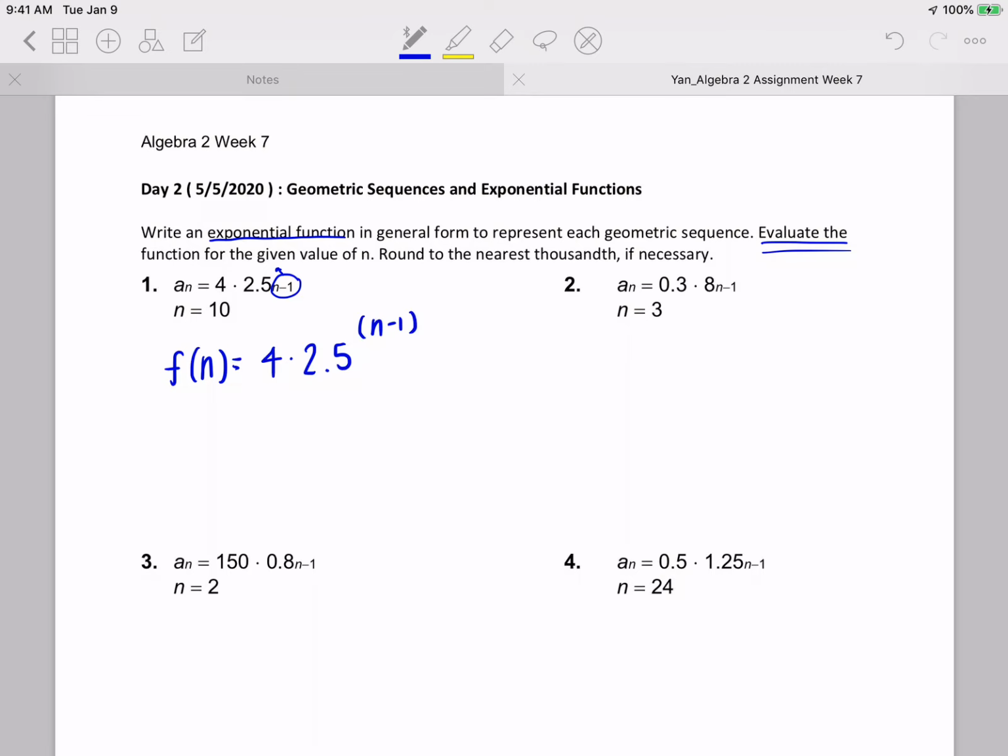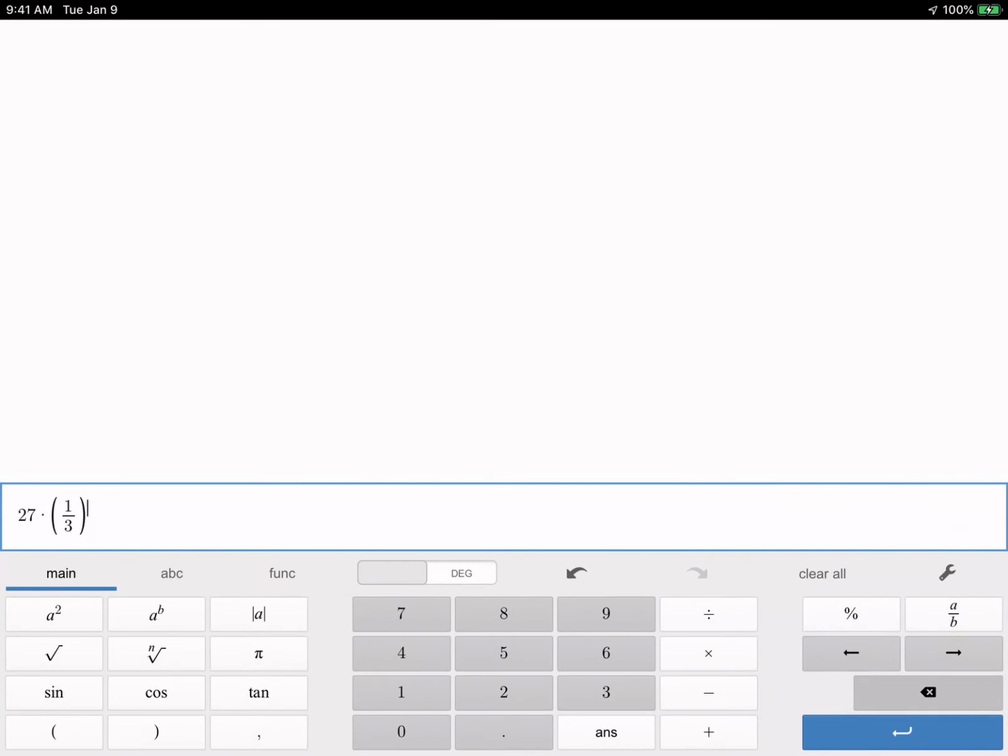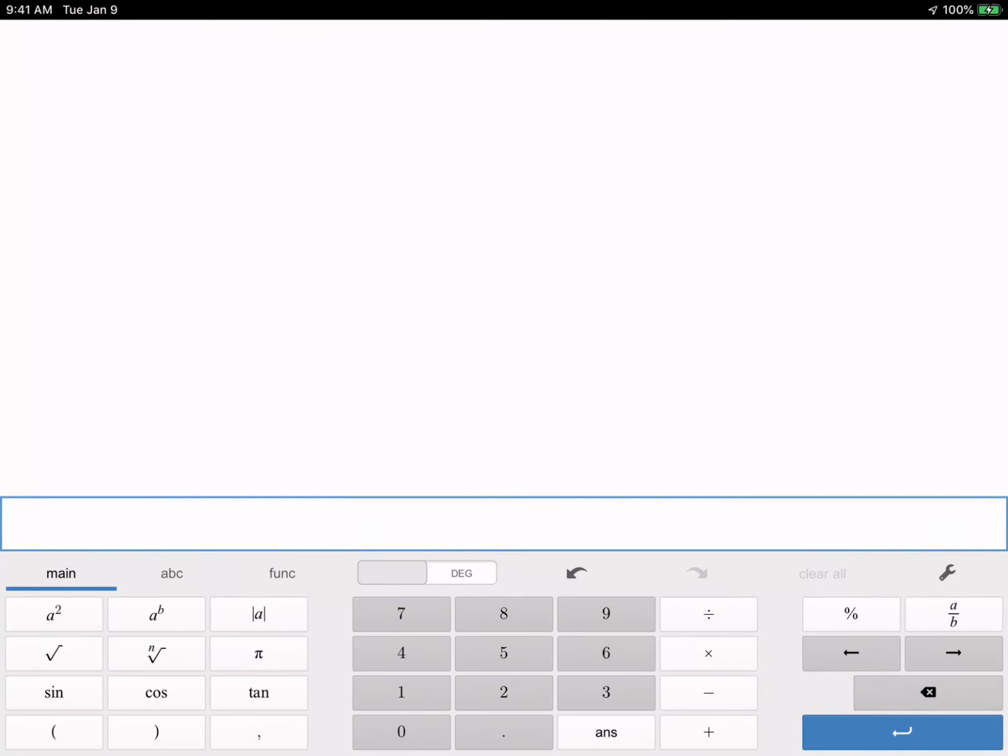Okay, and then they want you to substitute 10 in there. So it'll be 4 times 2.5 to the 10 minus 1, which we get 4 times 2.5 to the 9th power. Okay, let's substitute. 4 times 2.5 to the 9th power.